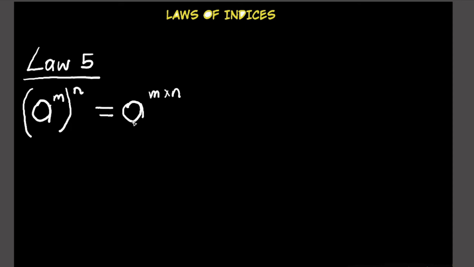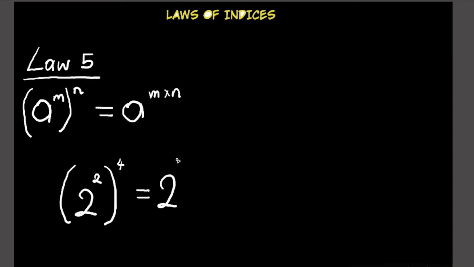We keep the base, which is a, and we multiply m times n to get the new power that a would be raised to. So if we had 2 raised to the power of 2, all in bracket raised to the power of 4, we would keep the base, which is 2, and we would multiply 2 times 4, and our new power would be 8.